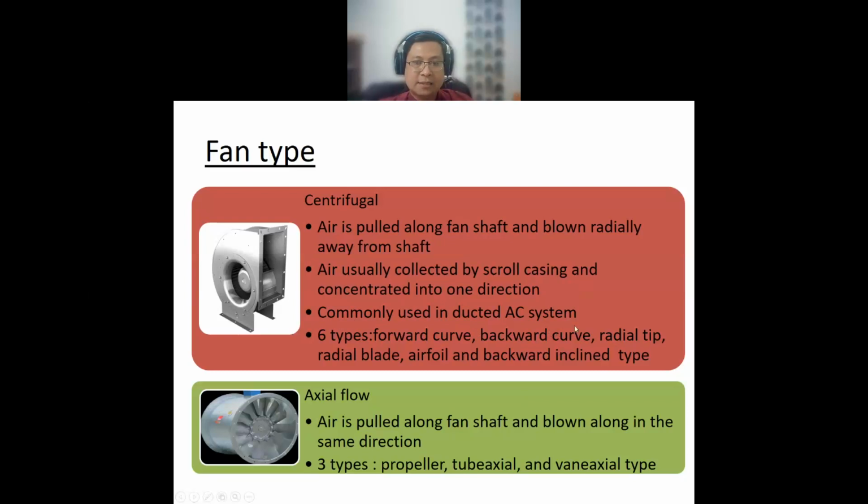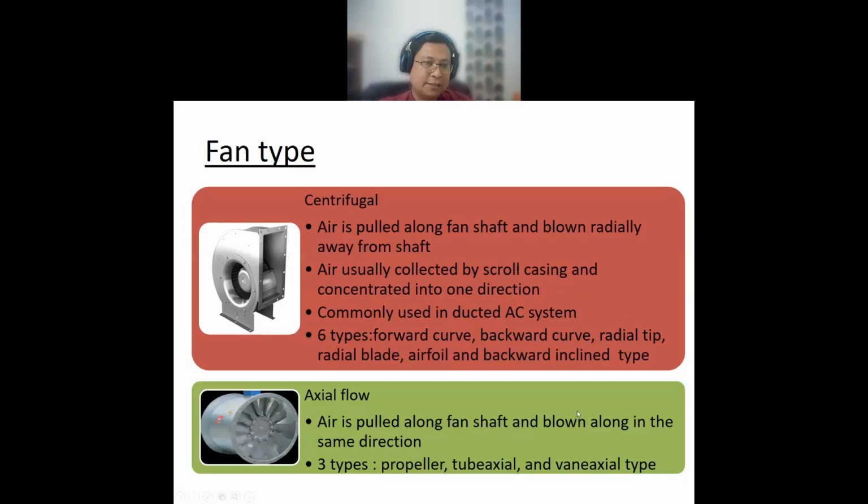It is commonly used in ducted aircon systems, constructed in the duct. There are six types under the centrifugal type: forward curve, backward curve, radial tip, radial blade, airfoil, and backward inclined.